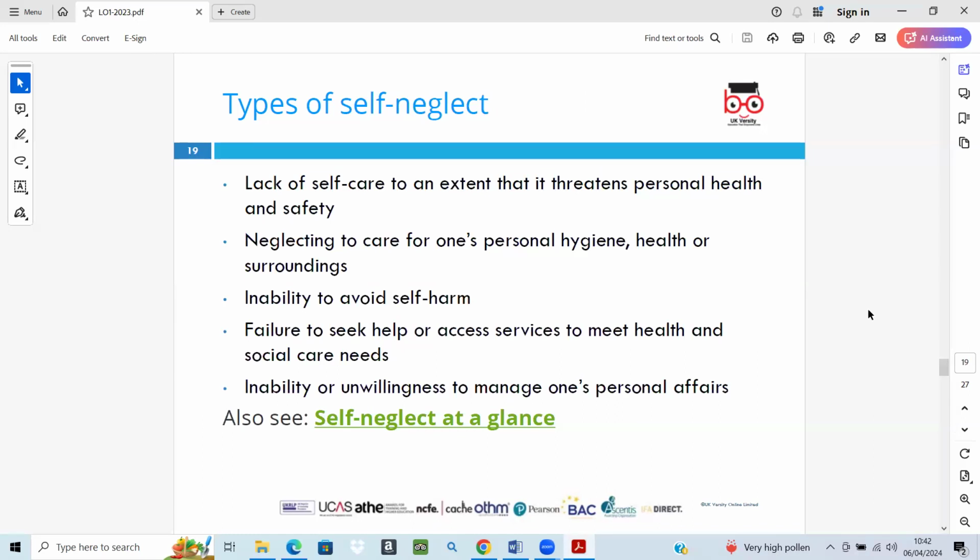Then we have types of self-neglect. Okay, we discussed it earlier as well. It's related with the individual, him or herself, and that involves lack of self-care to an extent that it threatens personal health and safety, neglecting to care for one's personal hygiene, health, or surroundings, inability to avoid self-harm, failure to seek help or access services to meet health and social care needs, and inability or unwillingness to manage one's personal affairs.